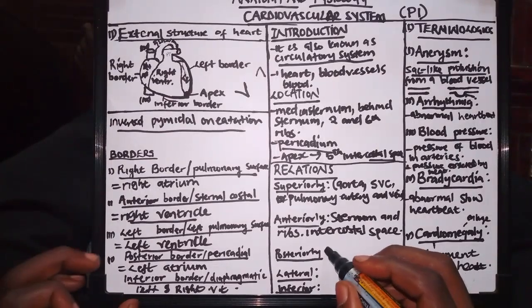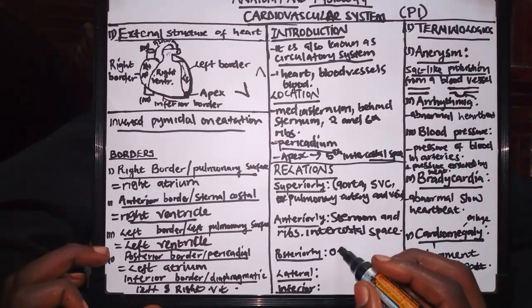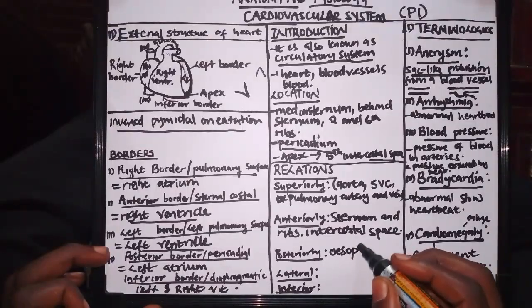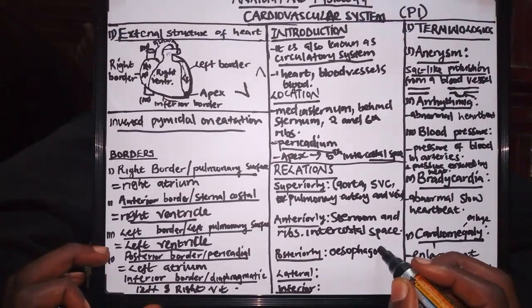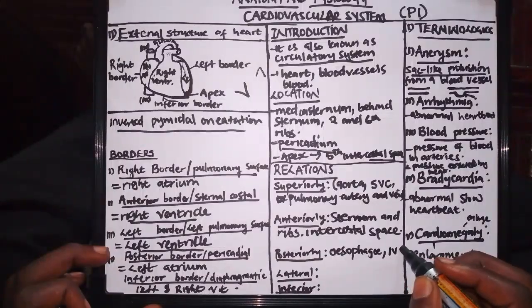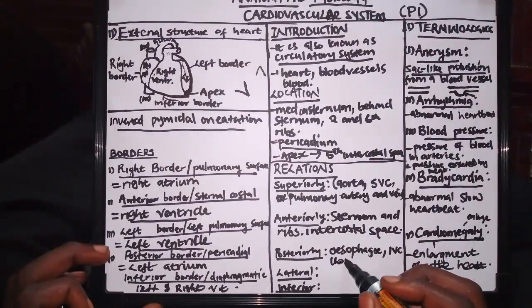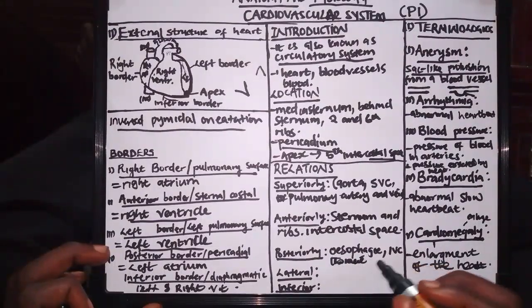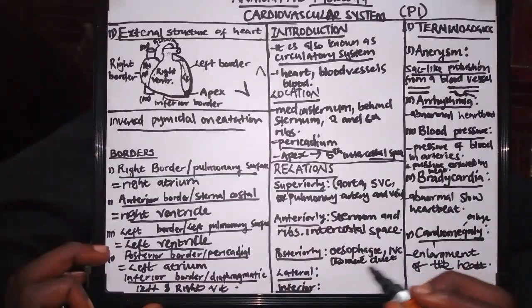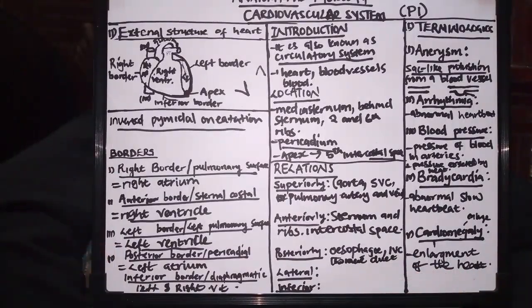So posteriorly we find the esophagus, inferior vena cava, the thoracic duct, and the left and right bronchus.